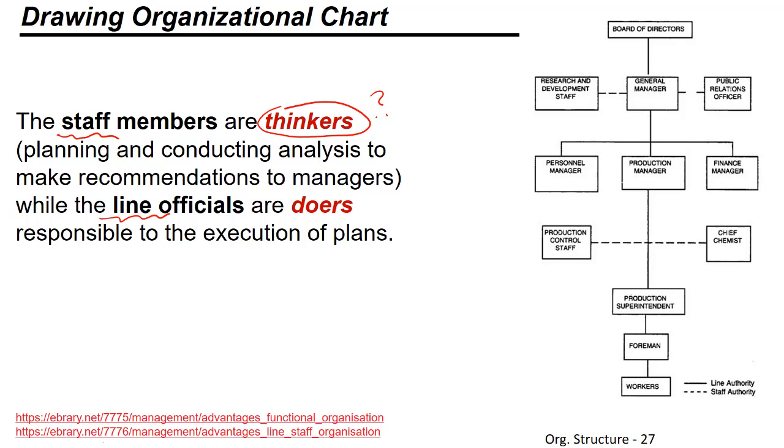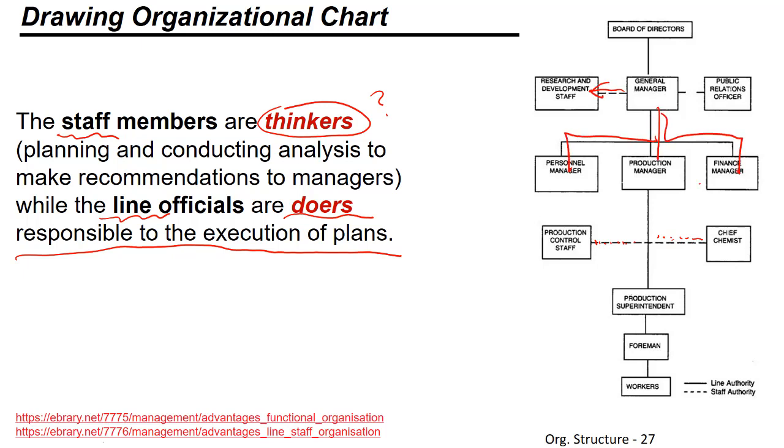The line official personnel, they are the doers. They are responsible for the execution of the plan. So usually in the organizational chart, the so-called staff members are represented by the dotted line. And sometimes people don't use a dotted line, but they would show the staff member horizontally instead of vertically.